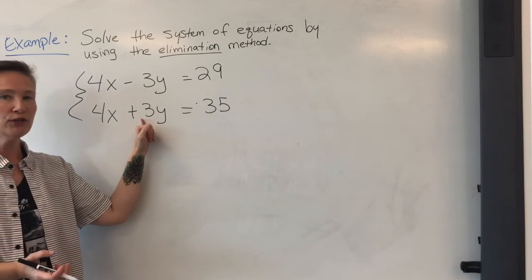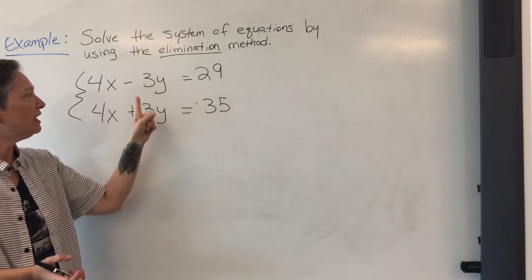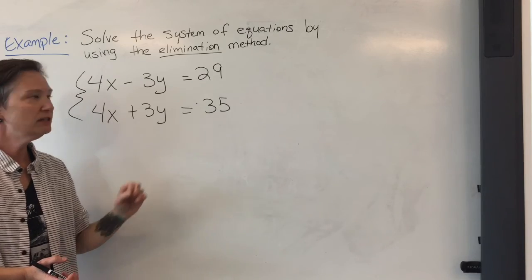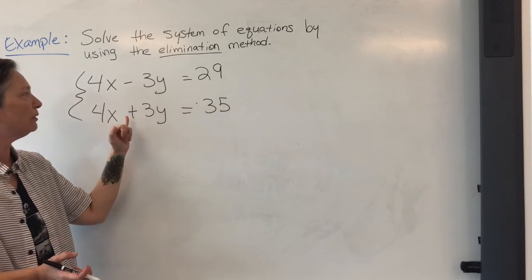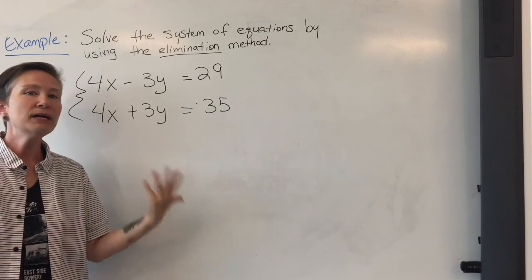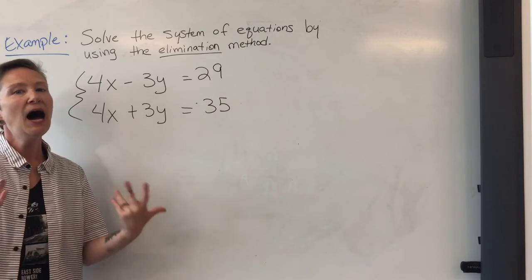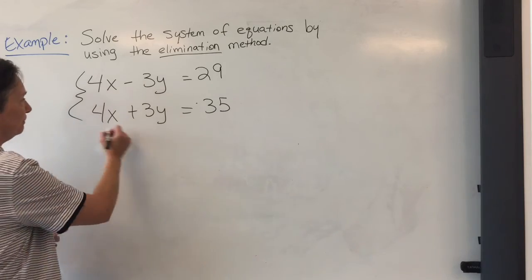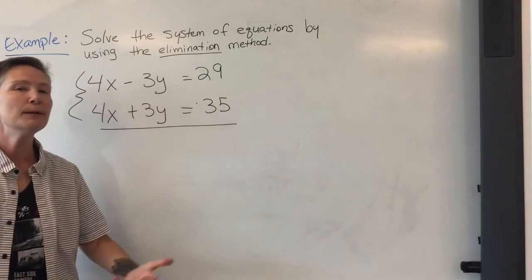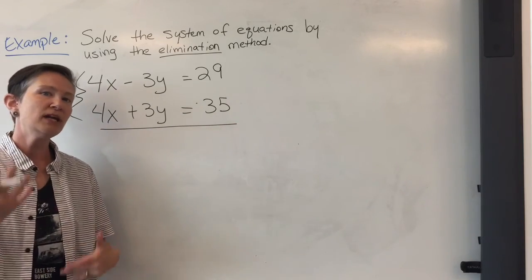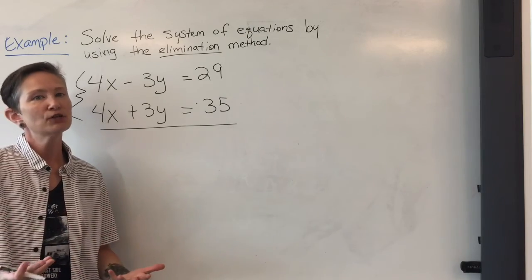Now let's look at my y terms. I've got a 3 and a 3 as my coefficients on the y, and then I got a negative 3 and a positive 3. So in my mind, if I were just to use the elimination method, I can add straight down. So I don't have to manipulate or change any of these equations to solve this problem.